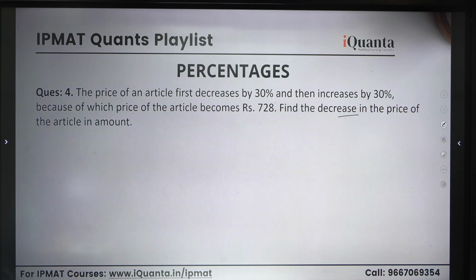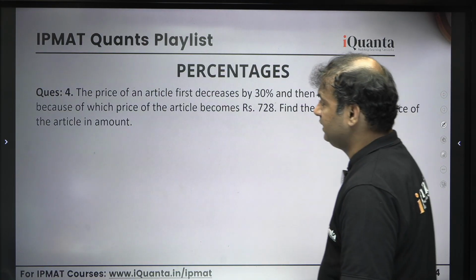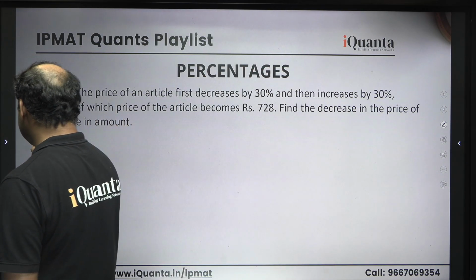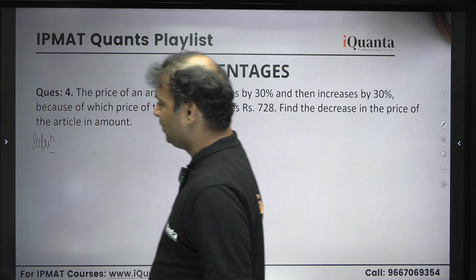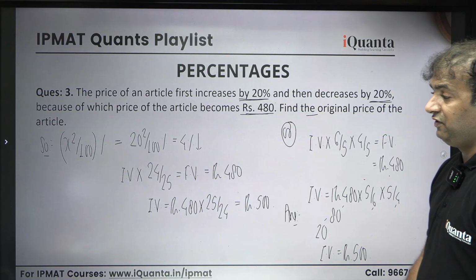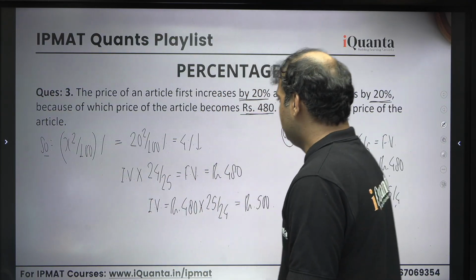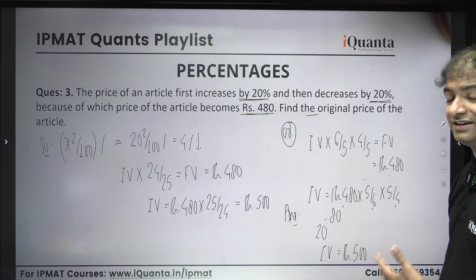So guys, either we can use the initial value to get the decrement, or there is another way as well. Okay, let me tell you all the possible methods, right? So first, let's try to find the initial value. We can find the initial value again in both the ways which we had done in the previous question. Either we can use a formula, or we can directly use the multiplication factor for both the percentage changes.